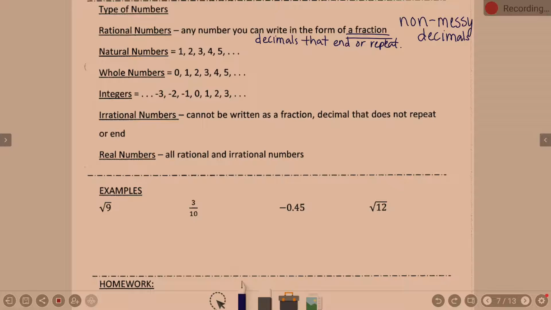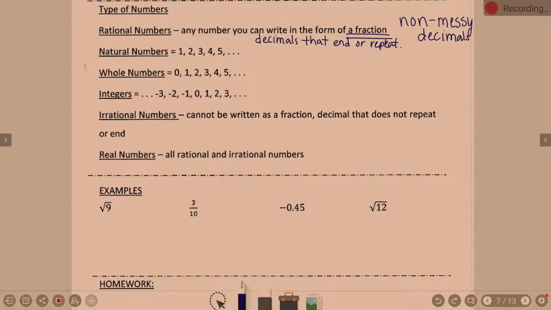Okay, natural numbers. We talked about natural numbers being what you learned back in kindergarten: 1, 2, 3, 4, 5, 6. Whole numbers, you add 0. Integers, you add negatives.